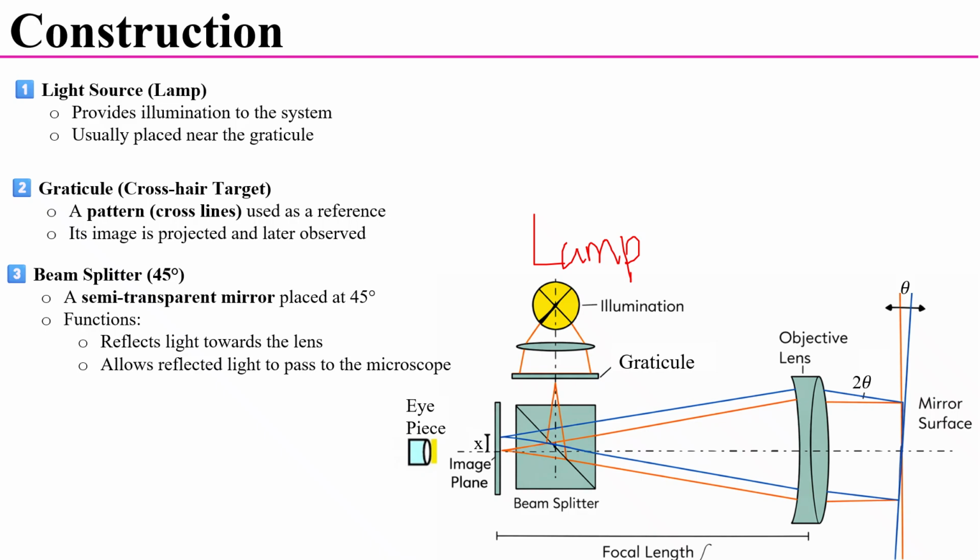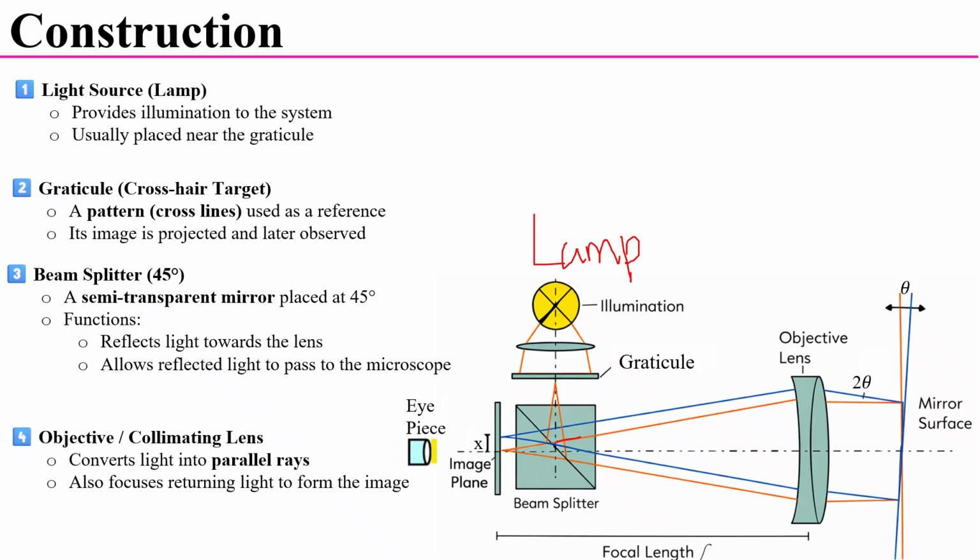One is to reflect the light towards the objective lens, and moreover it allows the light reflected from the objective lens to pass towards the microscope. So this is the function of the beam splitter.